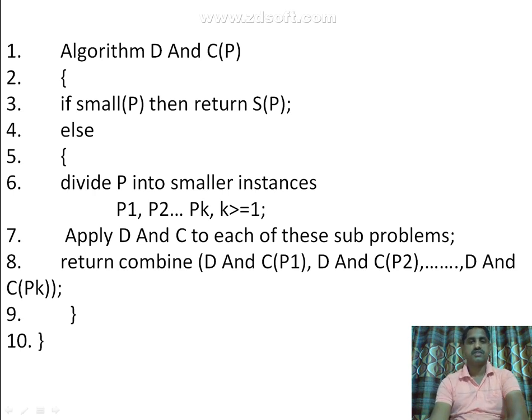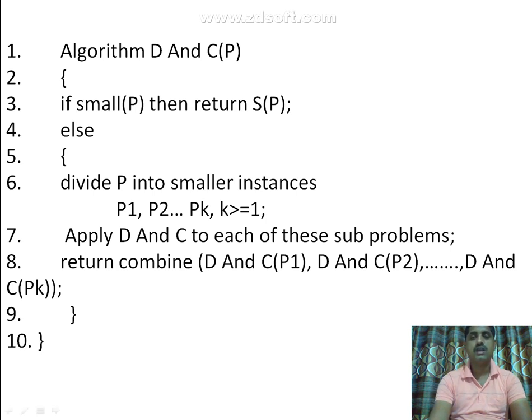So the control abstraction of divide and conquer is algorithm DAndC(P). If Small(P), then return the solution directly. Otherwise, the problem is divided into smaller instances, the divide and conquer technique is applied, and all the subproblem solutions are combined to get the original solution.